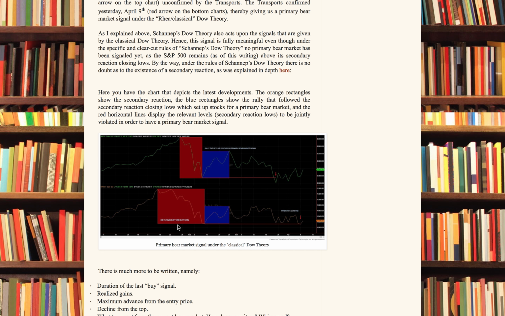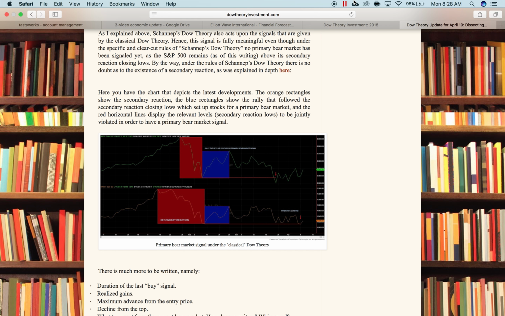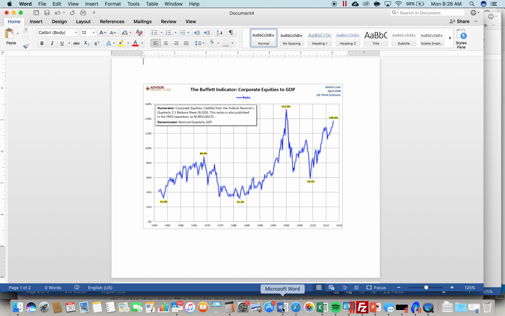The Dow Jones Industrial Average made new highs, but that high was not confirmed by the transports. And then we've got now a bear market signal as of April 9. Now, not every bear market is preceded by this Dow theory bear market signal, but all the big ones have been.